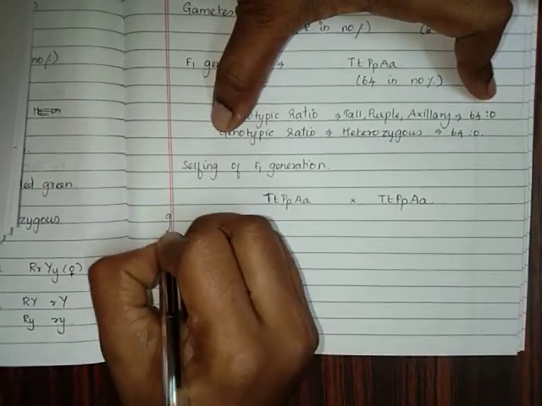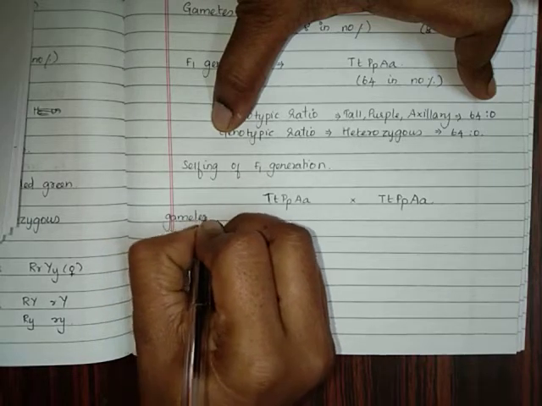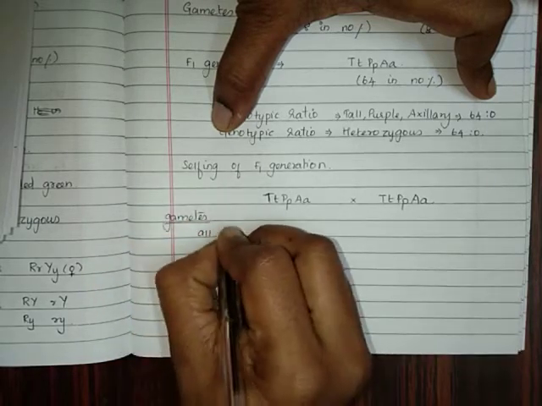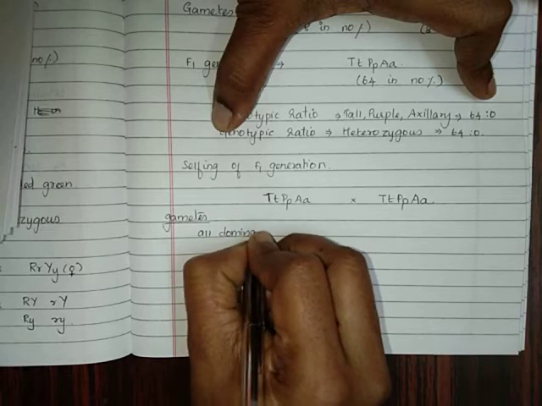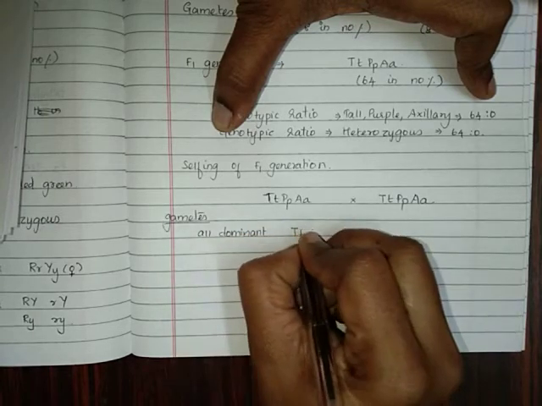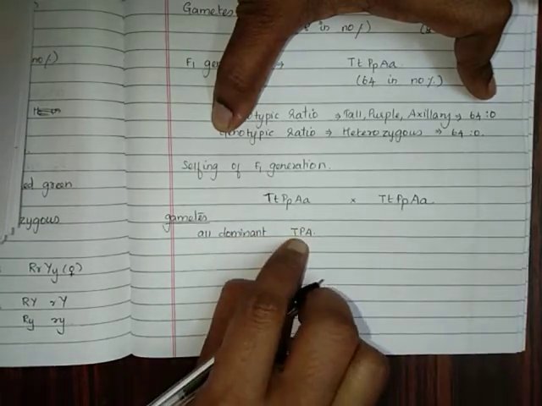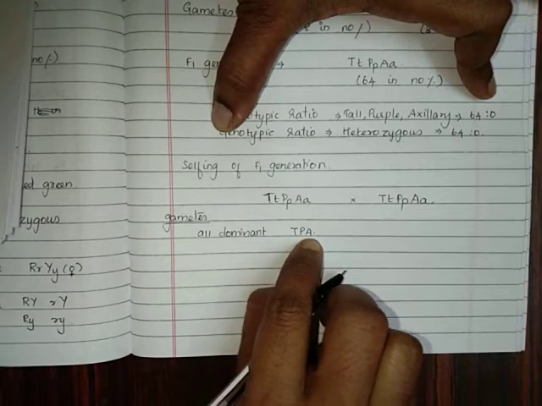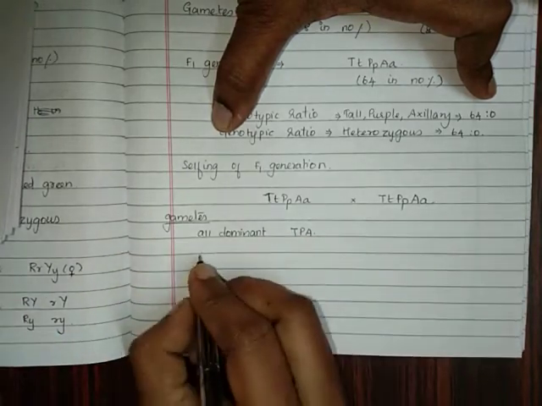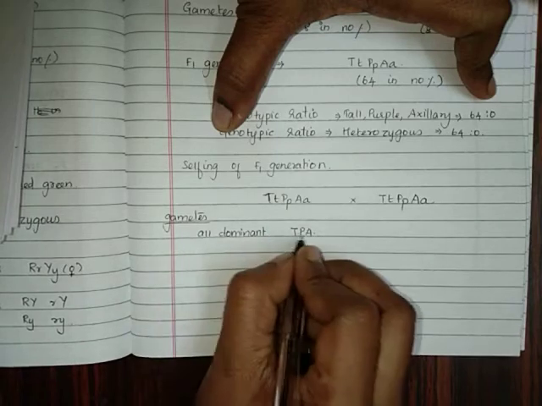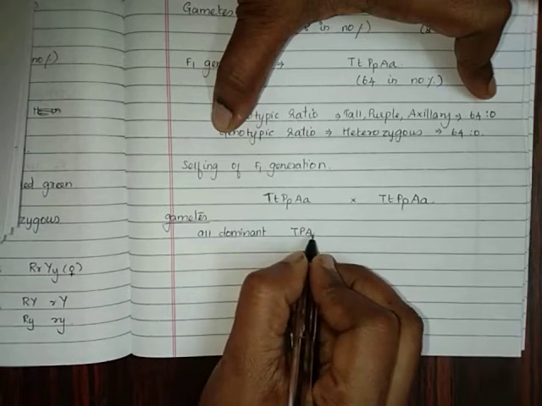So for writing gametes, first வந்துட்டு you are going to consider all dominant alleles. So all dominant alleles அப்படின்னா the only possibility is capital T, capital P, capital A. மொத்தம் 3 alleles 3 genes இருக்கிற ரீசன்னால so first we have considered all dominant means 3 dominant.